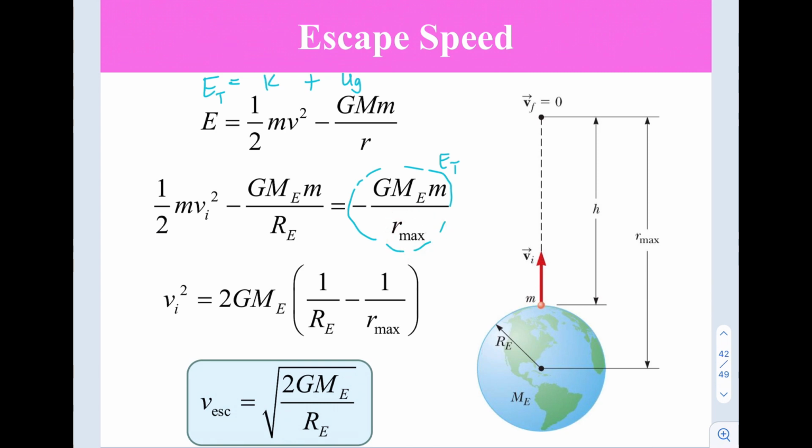Then rearrange the equation, making V our topic of interest. So we have the formula of V equivalent to the square root of 2G mass of the Earth over radius of the Earth. Square root of everything here. So this is actually known as escape speed.